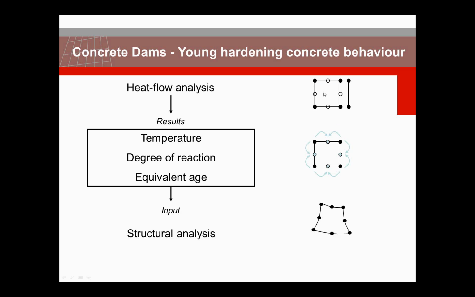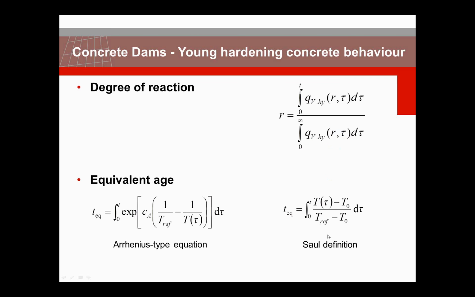Temperature fields are directly related to thermal expansions, to strains, and strains are always one order lower than the displacements that we use as basic entities in the displacement or stress analysis, in the structural analysis. So for this we just interpolate the temperatures and degrees of reaction from the corner nodes to the mid nodes, and then can do the structural analysis.